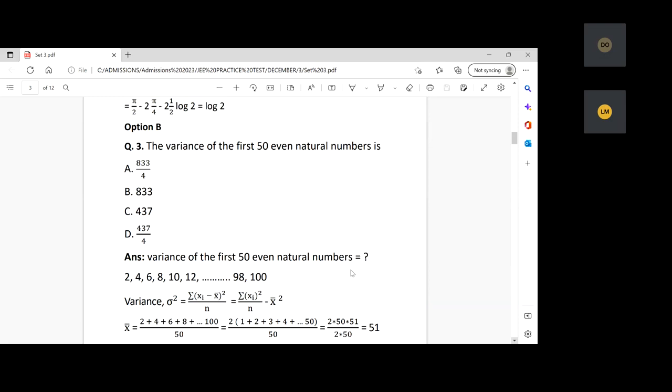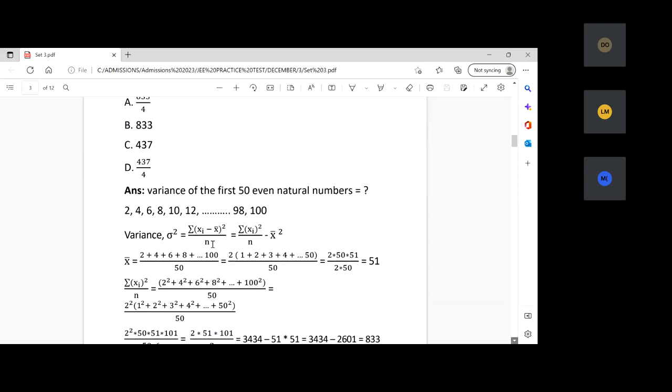Once you have these numbers and once you have this formula, it's just the substitution that is needed. So what is variance? Which is sigma square, which is equal to xi minus x bar the whole square by n. Or you can write this as sigma xi whole square by n minus x bar square. So what is x bar?